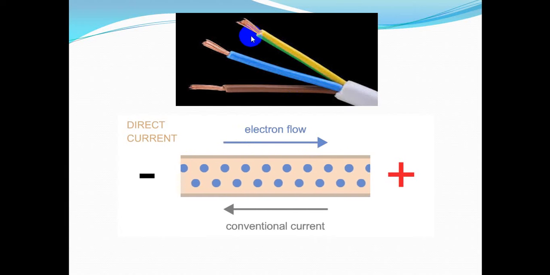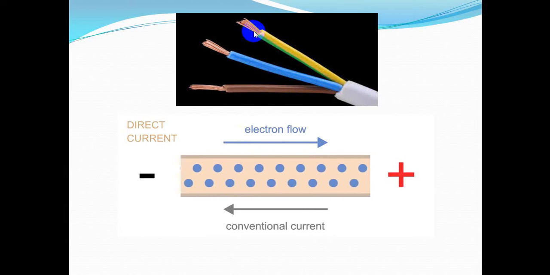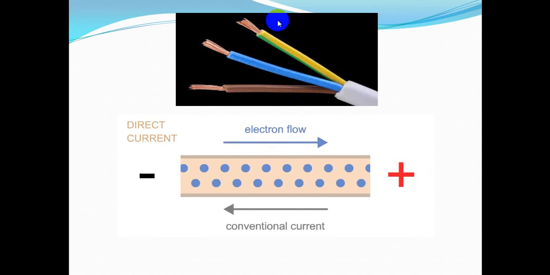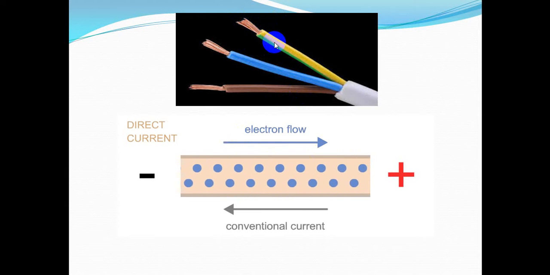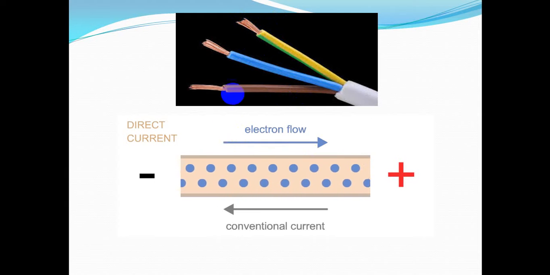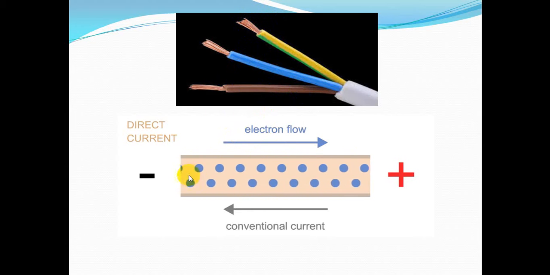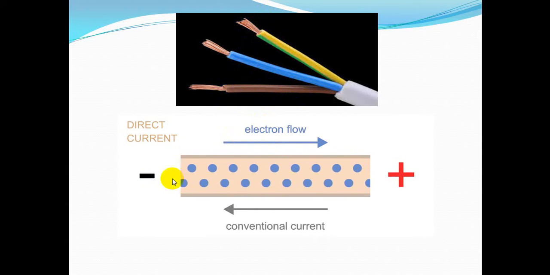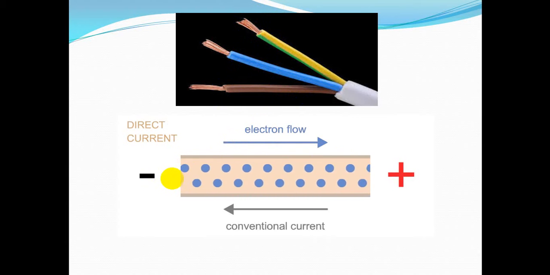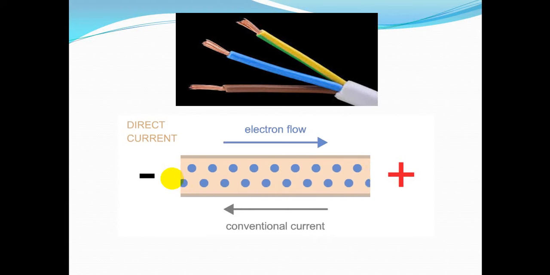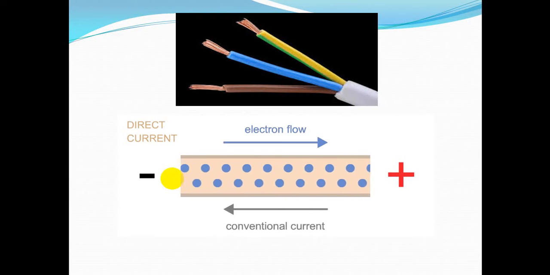In the wires here, all of us know that the wires are made up from copper, and they are covered with an insulator from plastic, for example. So inside these copper wires, the electrons flow from the negative end to the positive end. So what causes electrons to flow from one end of a wire to another end?